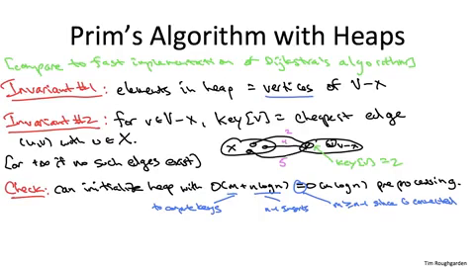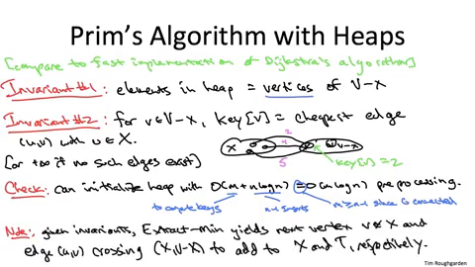The second issue we need to think through is how do we faithfully simulate each iteration of the while loop in Prim's algorithm, given that these two invariants hold. So this issue is going to work out beautifully really by construction. We set up our heap and we set up our definition of keys so that extracting min from the heap in an iteration is a faithful simulation of the brute force search in the naive implementation of Prim's algorithm.